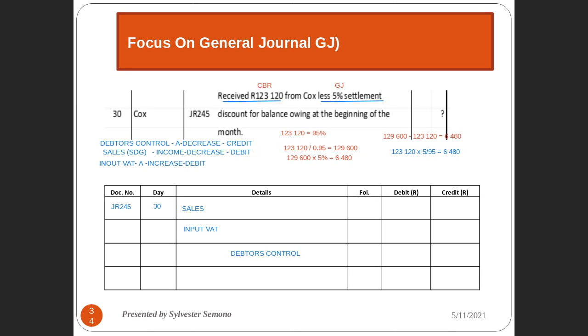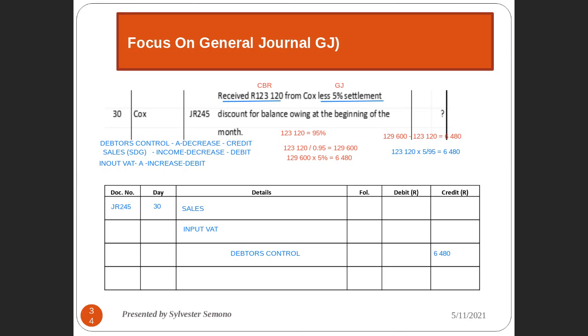Where must I record 6480? The main account is debtors, so I'm going to put 6480 in line with debtors. It's important, guys, to know the main account because the main account will take everything including VAT. This is very important.